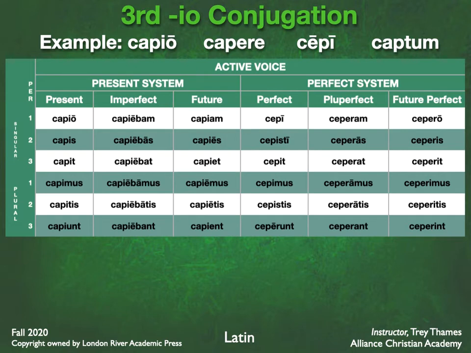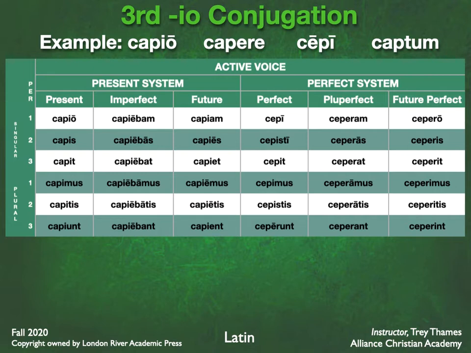That means you would give me capis, capiebas, capies, cepisti, ceperas, ceperis. So you would just give me those six forms rather than all 36 forms.